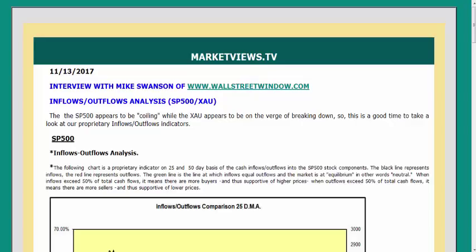So my point is, in a very low volatility environment, price oscillators, momentum oscillators, price-based indicators simply do not work, because they will give you the same signal whether you have a 1% movement or a 10% movement. Okay? So that's the first point.